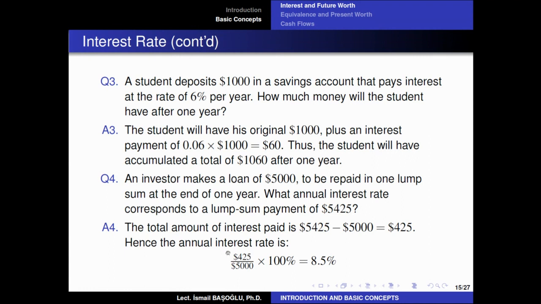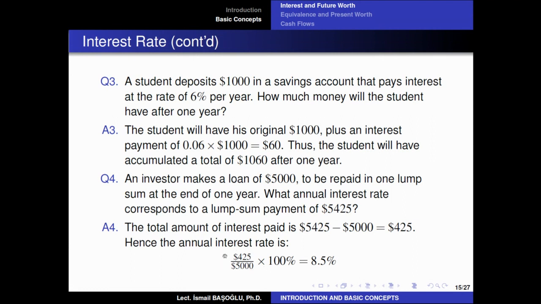Now, if we take the ratio of the interest over the principal, the interest divided by the principal, and we multiply this by 100, then we get the interest rate as a percentage. If you do not multiply it by 100, then this ratio here, 425 divided by 5,000, is going to be the decimal interest rate, which is going to be used in interest calculations.